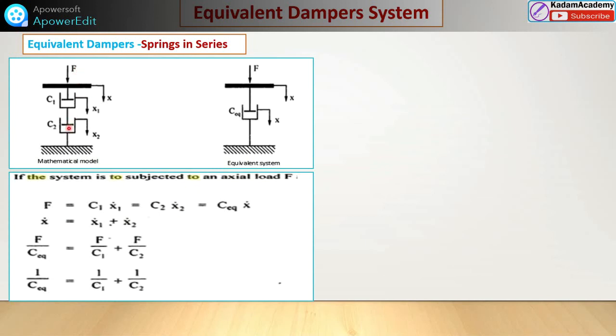Similarly, F is equal to C2 x2 dot, and similarly F is equal to C equivalent x dot. So in this case, F is the same, so it will get cancelled. Or we can also formulate the equation like this: x dot is equal to x1 dot plus x2 dot, that is represented here as F by C equivalent, F by C1, F by C2. Since F is the same, it will get cancelled. So the last equation is 1 by C equivalent is equal to 1 by C1 plus 1 by C2.